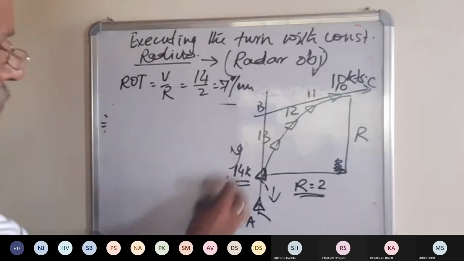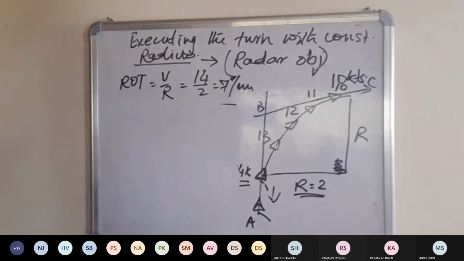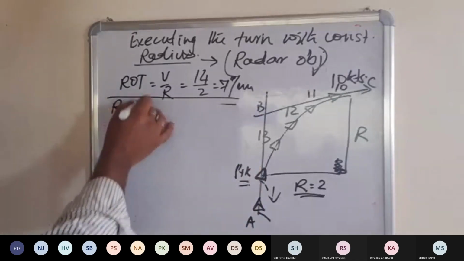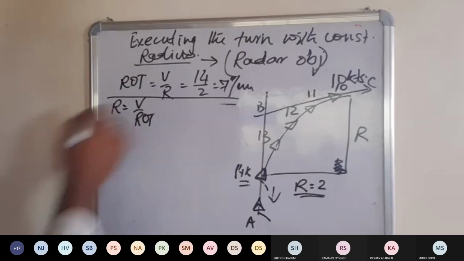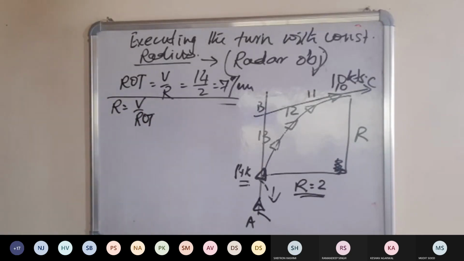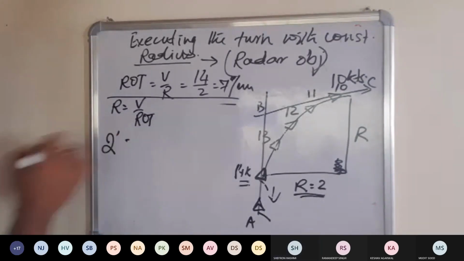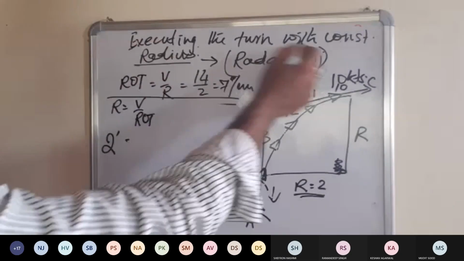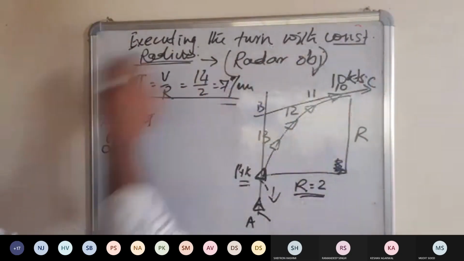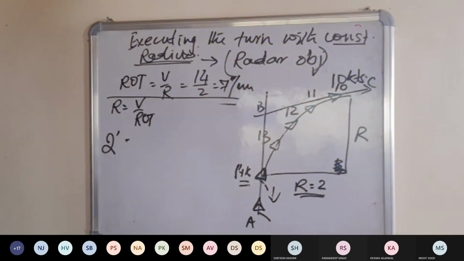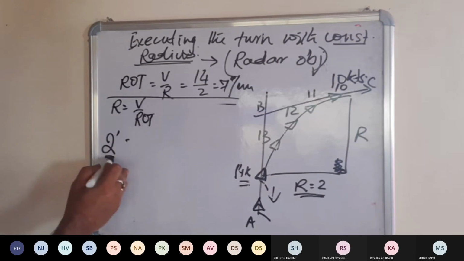So going by this situation, if ROT was so and so, R is equal to V by ROT. Is that correct or not? Yes, sir. Okay. So the radius that we require is 2 miles. We are turning with constant radius. That means the radius has to be 2 miles.